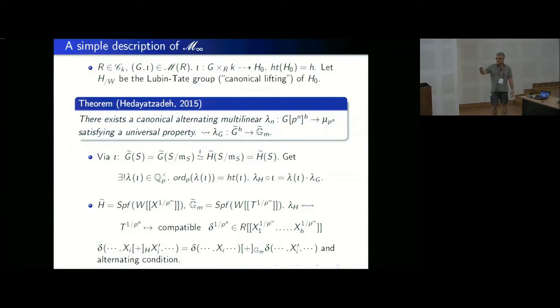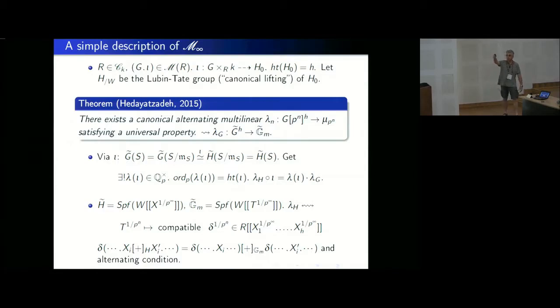And these power series should be compatible, of course, in the sense that the pth power of delta to the 1 over p to the n plus 1 is what I call delta to the 1 over p to the n. This corresponds to the compatibility under p in the universal coverings, and should also satisfy some easy relations that reflect the additivity and alternating condition.